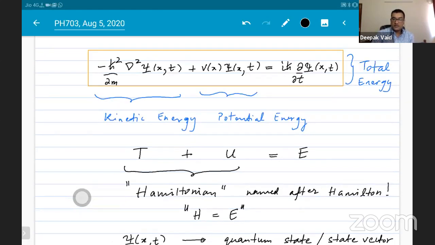There are derivations, but they require us to talk about things which are quite off course, and a little bit more technical also. But I will motivate this equation in the next class.